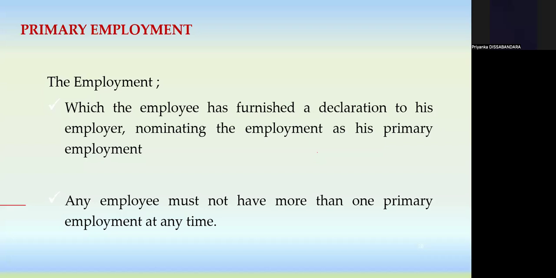Then two conditions are there for the employment income, that is primary employment and secondary employment. What is the meaning of primary employment and secondary employment? For an individual, he may have more than one employment. He may have one permanent employment in one company, and he may be a director in 2 or 3 or several other companies.